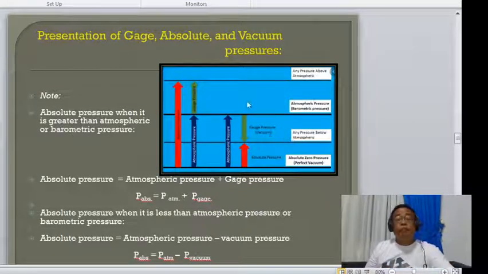The definition of the absolute pressure is simply equal to the atmospheric pressure plus the gauge pressure. And for an absolute pressure below atmospheric pressure, absolute pressure equals P atmospheric minus the P vacuum, or vacuum pressure.